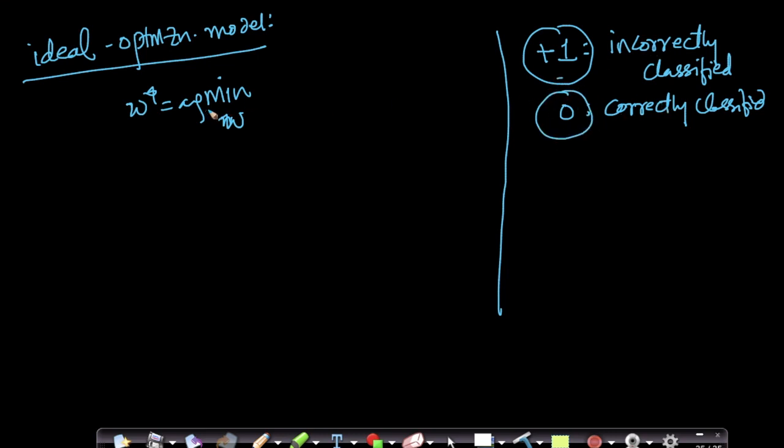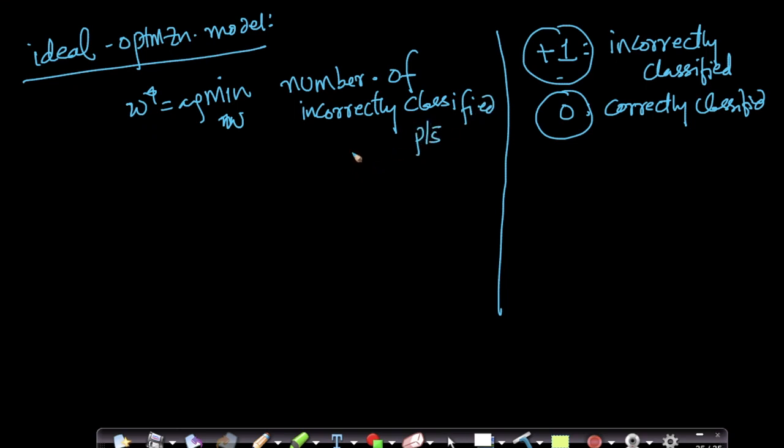Then what do I want to minimize? I want to minimize the number of incorrectly classified points, right?